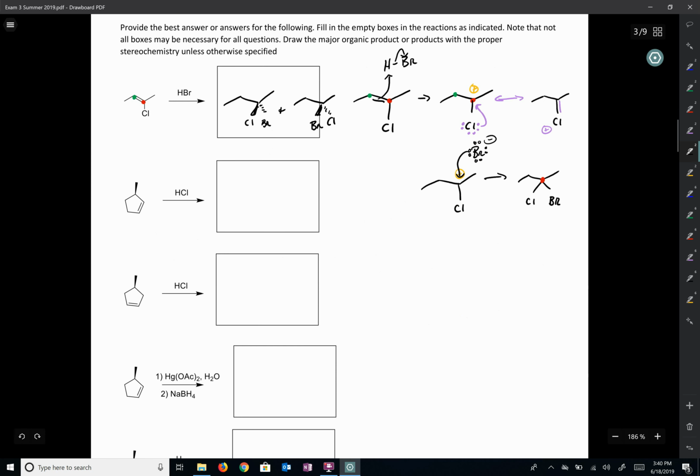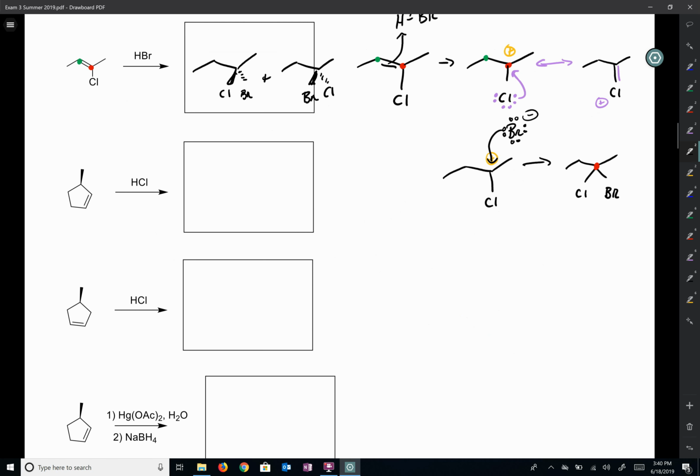Fantastic. These next two questions have the same mechanism as the very first problem that I looked at. This one gets a little bit tricky. There's a couple different answers for this, so you just got to be careful.